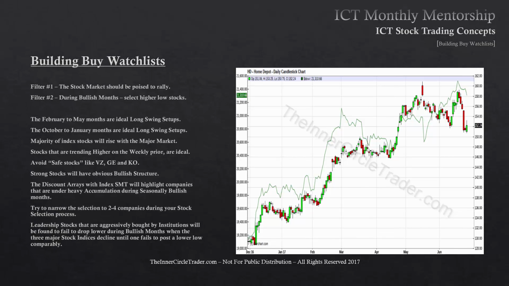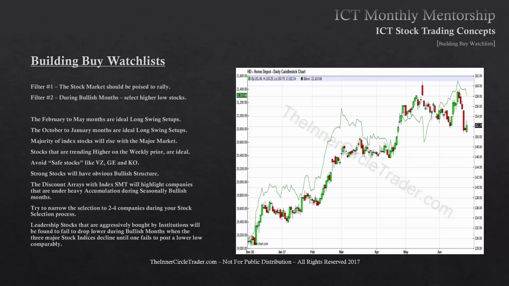Another company is Home Depot that met the criteria. In January, the Dow Jones, you can see with that solid line in the background, made a lower low, while the Home Depot shares were failing to make that lower low and diverged around that $135 to $136 share price in January.